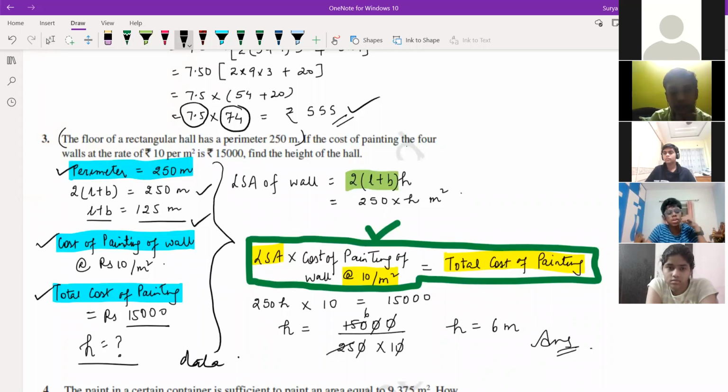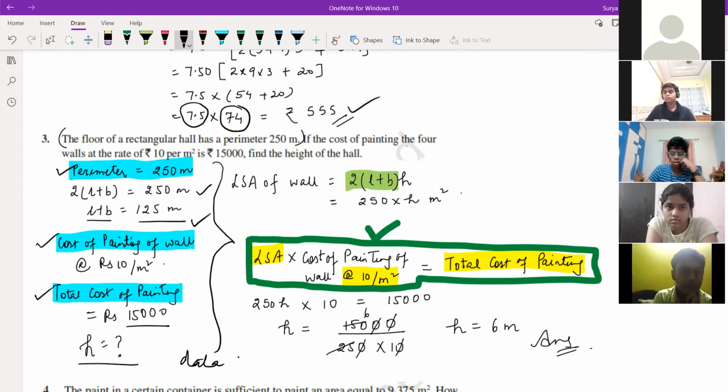Now here they are saying cost of painting of 4 walls. So what is the area of 4 walls? 2 into (L plus B) into H, right? Yes, sir. So this much is your curved surface area, the lateral surface area, LSA. And 1 meter square costs rupees 10. If you multiply by 10, you should get 15,000.